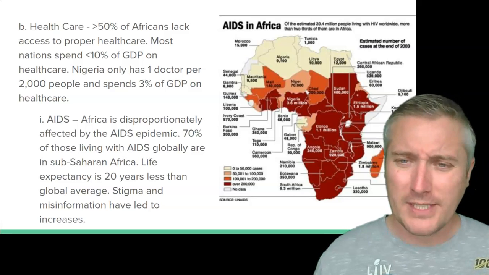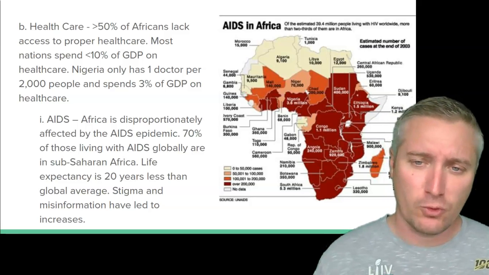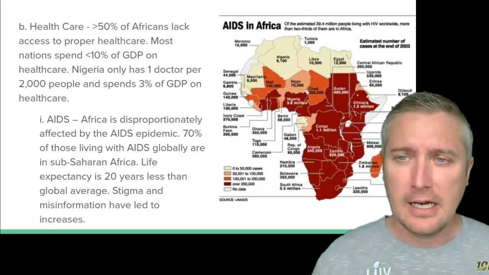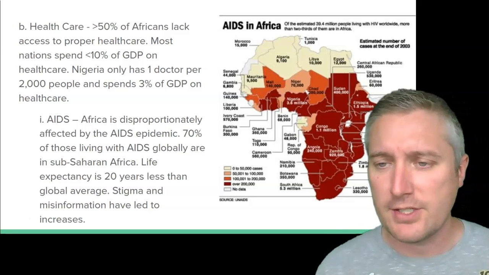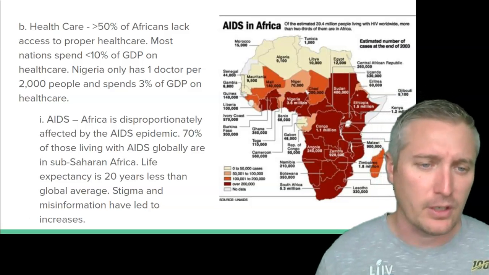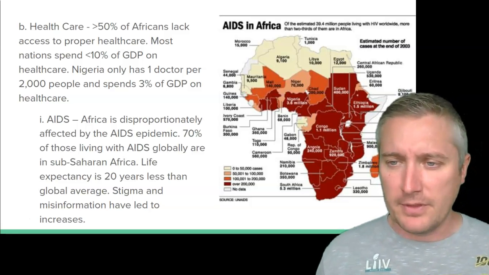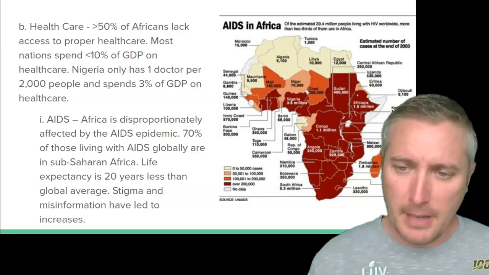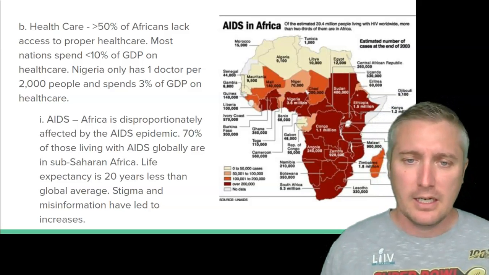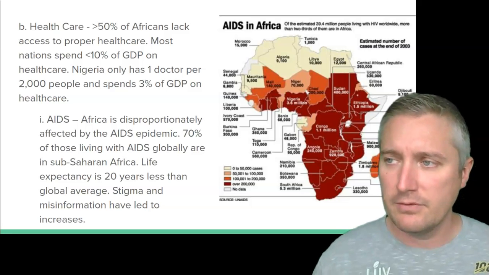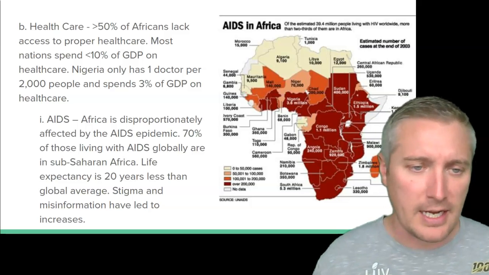Over the last 20 years, AIDS has ripped through Africa, and about 2/3 of all the people living with AIDS in the world today are living in Africa. And again, this is a result of the poverty of Africa, but also the lack of education in Africa. Another basic kind of building block of at least our society.